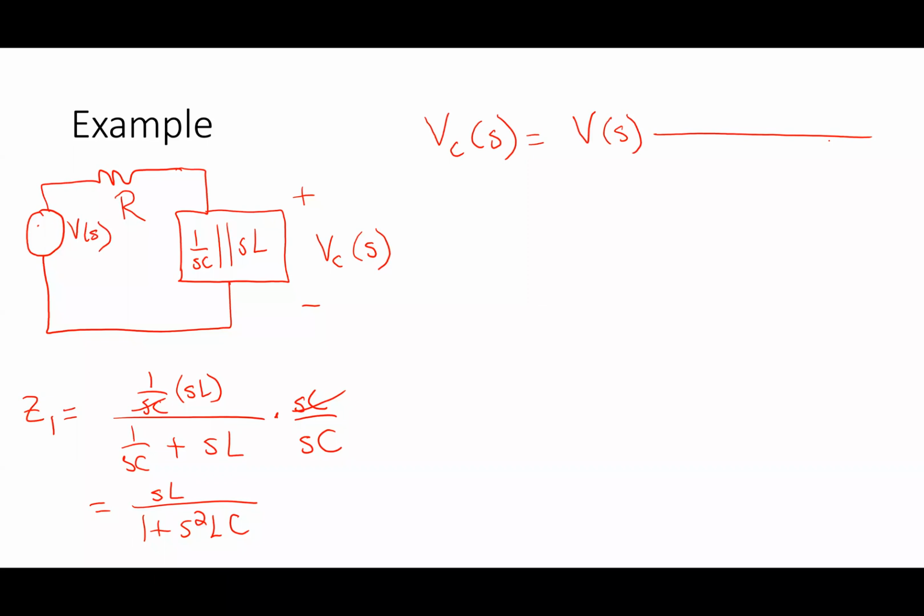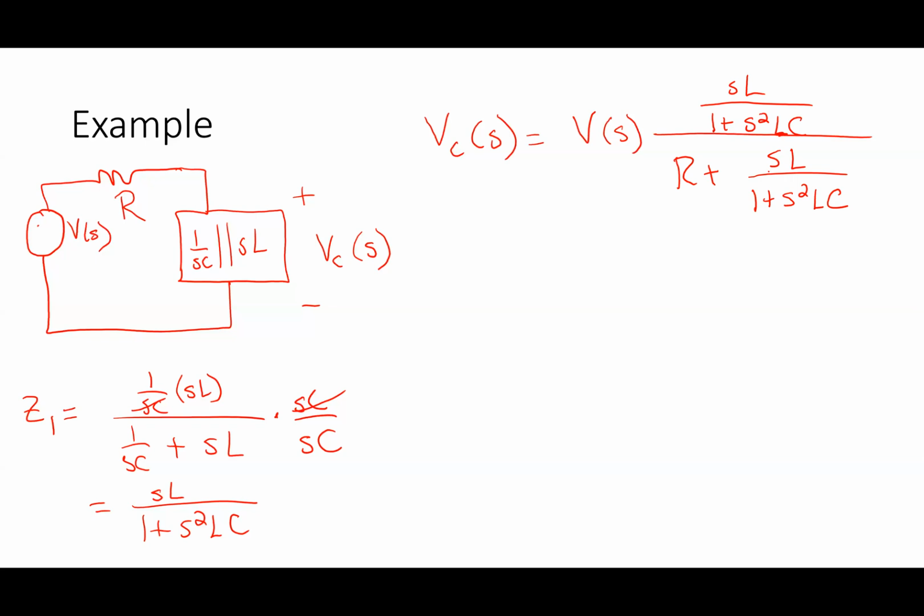It's the total current, so V divided by the total impedance, which is R plus this ugly guy here, SL over 1 plus S squared LC. And then on top, I got SL over 1 plus S squared LC. So that term would be the transfer function. That term is the transfer function, but again, it's not rational. I usually want to simplify it to a rational thing.